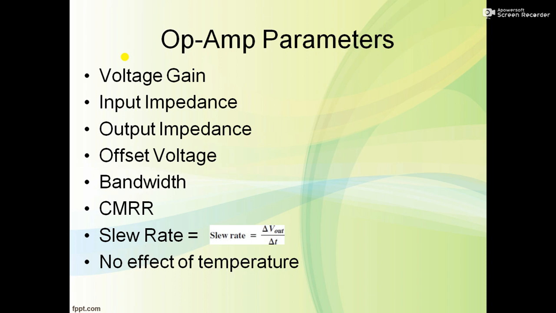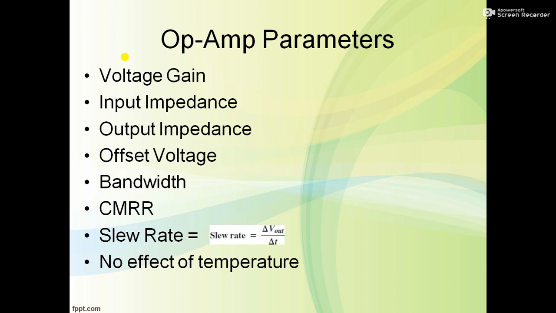With the help of this ratio, we can get information about how much amplification is done by this op-amp. In this case, the voltage gain is infinity. Infinite voltage gain is there in the op-amp parameters.